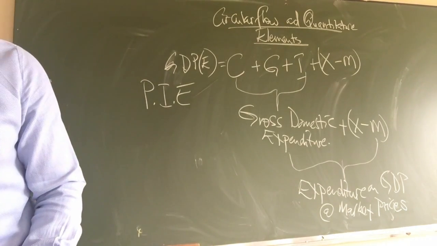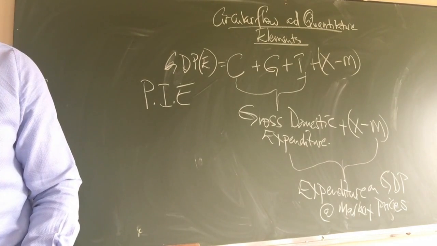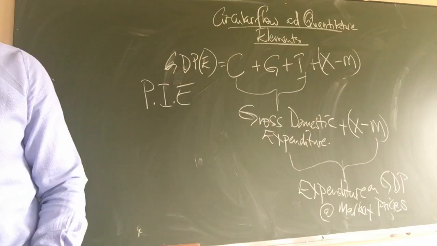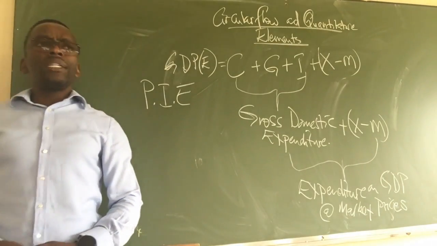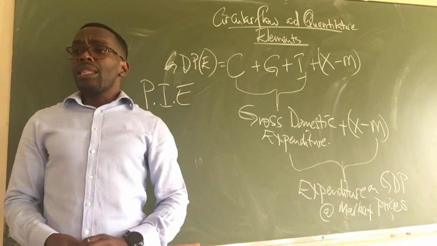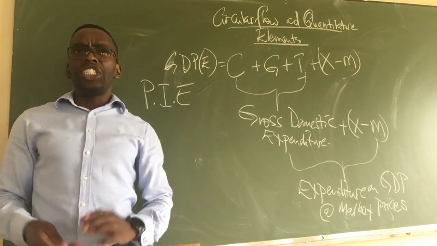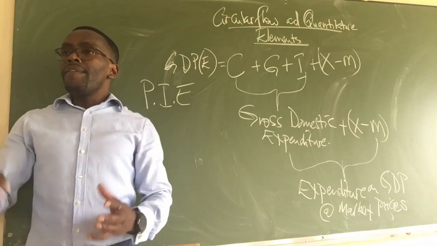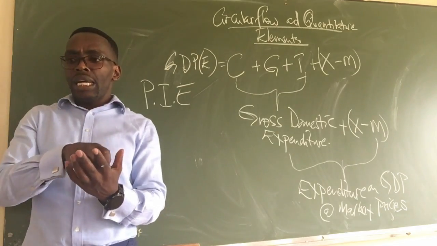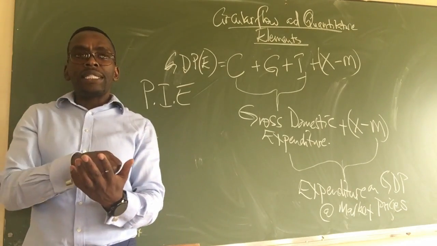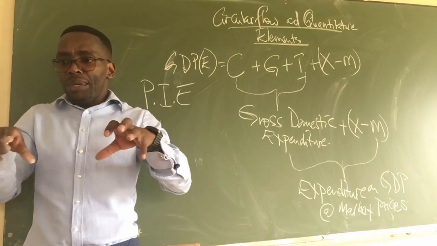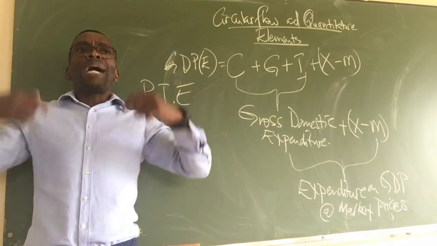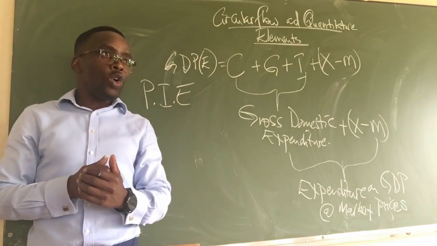Then the production method. When we look at the production method, we are saying this method is used to calculate GDP by looking at the value that was added to the final goods and services that were produced within the borders of the country, but by sectors of the economy.